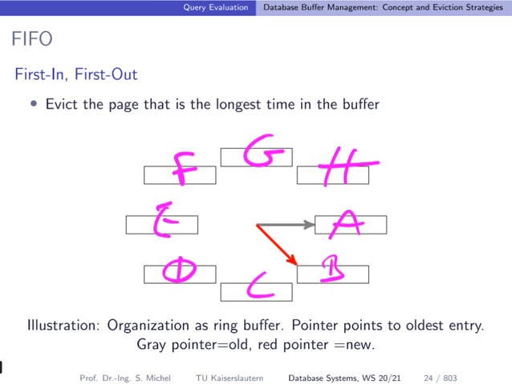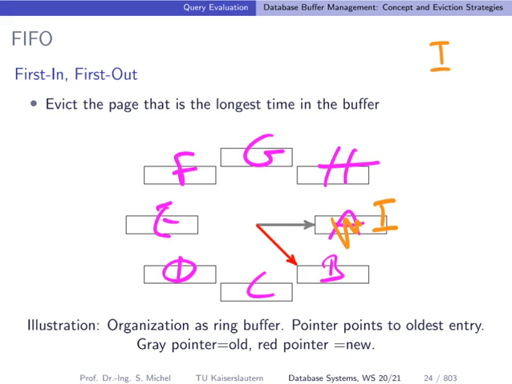And now let's say we have now the page I that is to be accessed. And what do we kick out? Well, we kick out the page where the gray pointer points to. So that means we would kick out A, put here page I instead, and the pointer moves on from the gray pointer to the red pointer, because B is the next candidate to be replaced if we have to access a page which is not yet in the buffer.